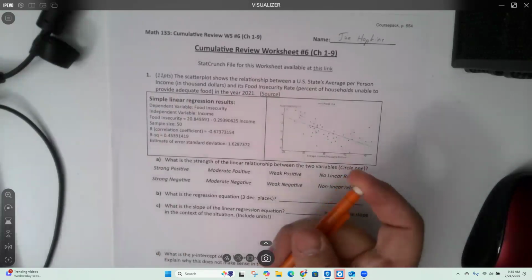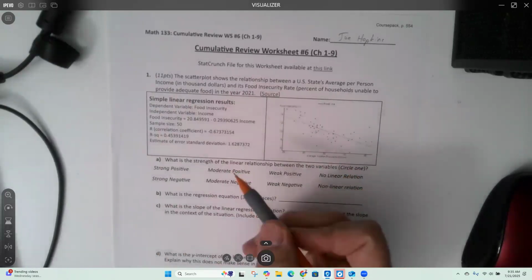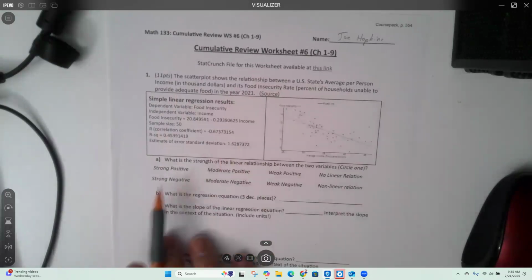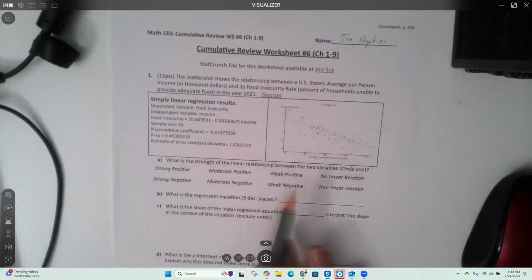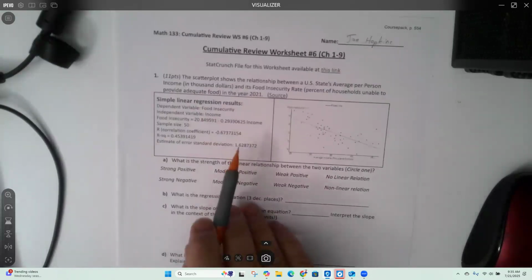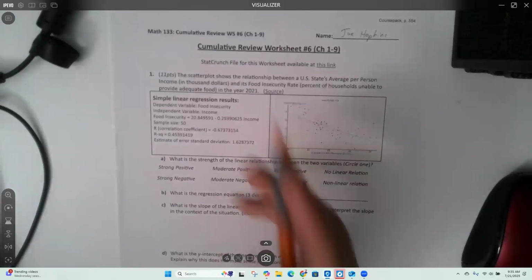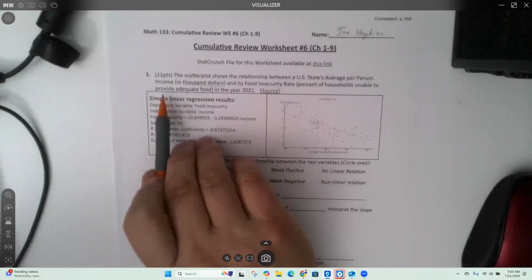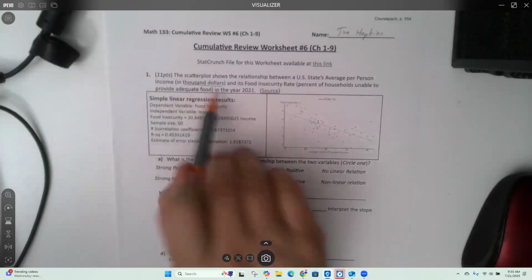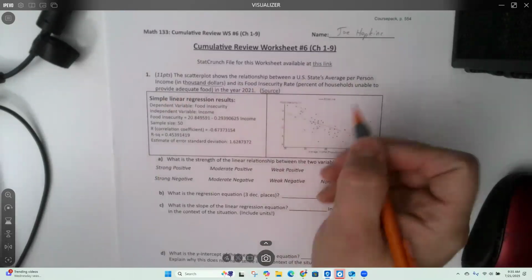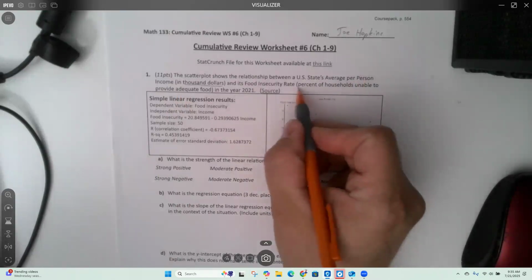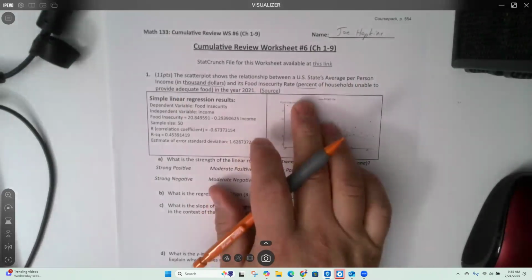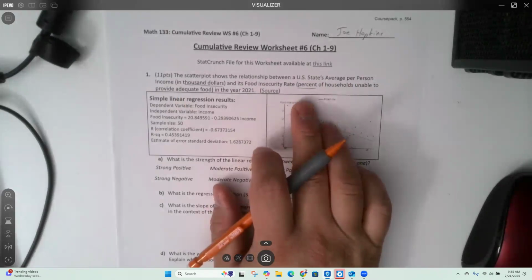So we don't have to do anything in StatCrunch for this part. It's just kind of reading it off. Make sure you pay attention to your units. The income is in thousands of dollars, and the units over here are going to be percent.